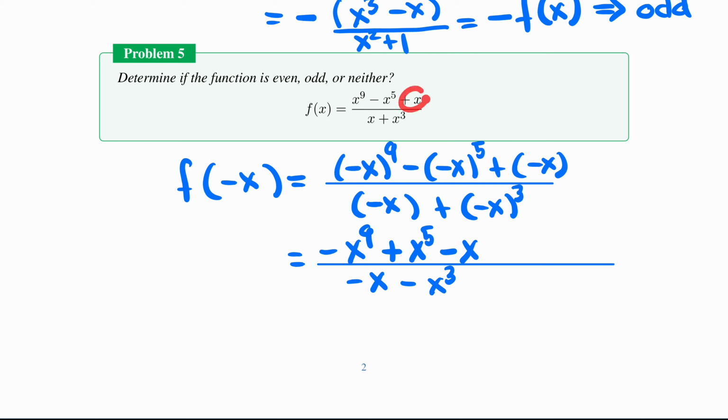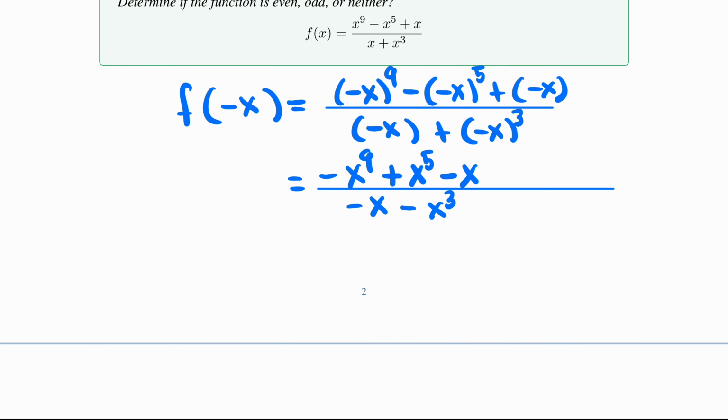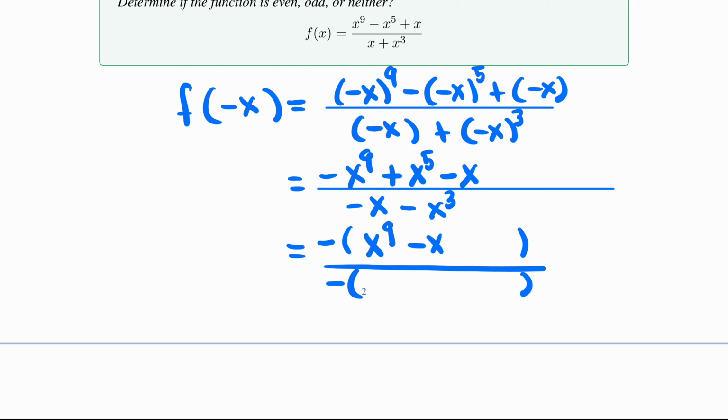And look at this. They alternate signs. And even in the bottom, they alternate signs. So let's do this. Let's factor out a negative from the top and from the bottom. And then let's see what we have. So in the top, if we factor out a negative, I'm going to get x to the 9 minus x to the 5 plus x.